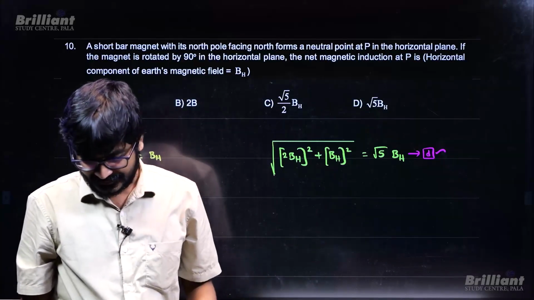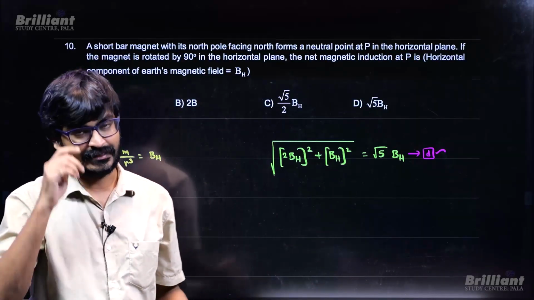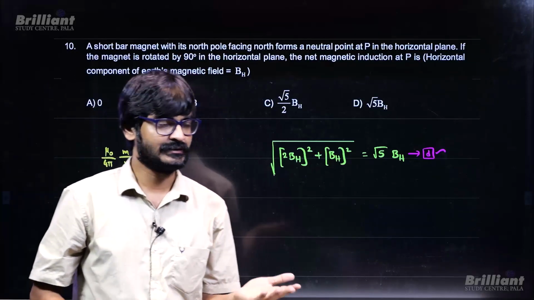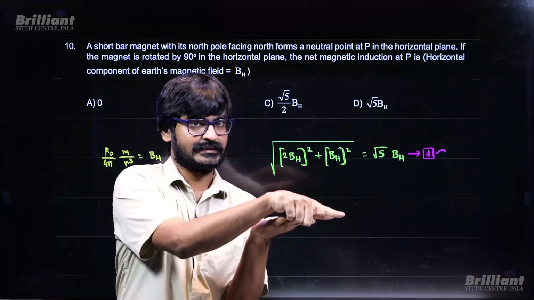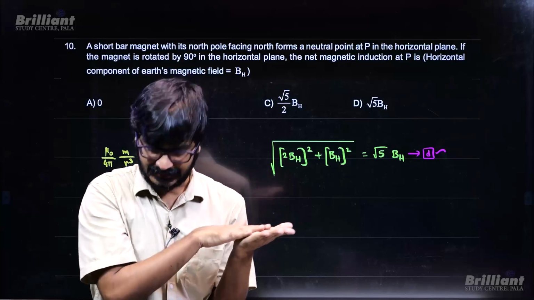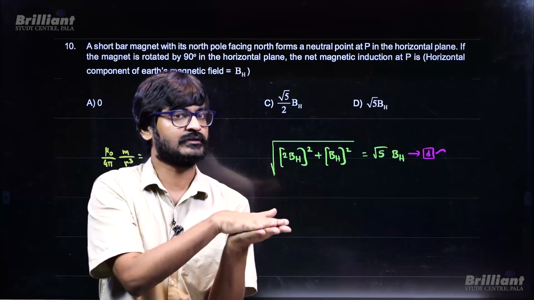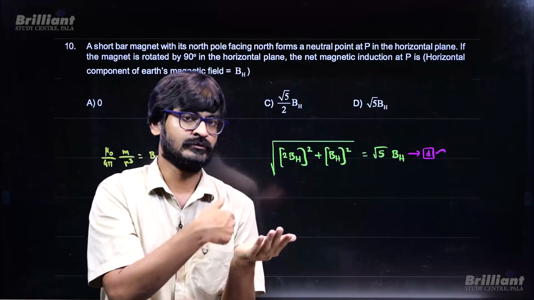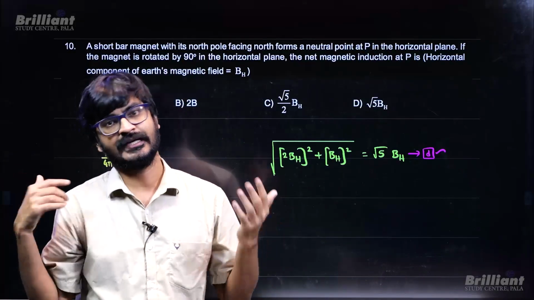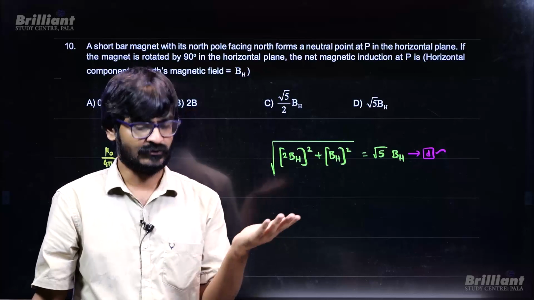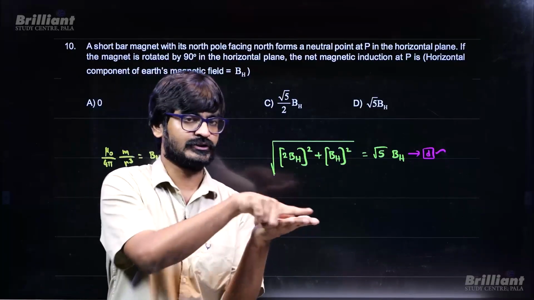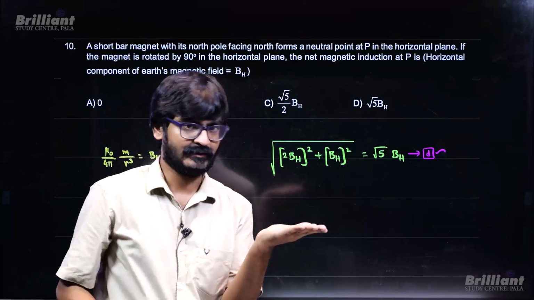But they are talking about a neutral point. The meaning is that somewhere the magnetic field is becoming 0. So earth's magnetic field is in this direction, and the field because of the magnet, they said, is also in the north direction. So the field because of the magnet must be exactly opposite in direction and exactly equal in magnitude. The direction will be exactly opposite along the perpendicular, right?